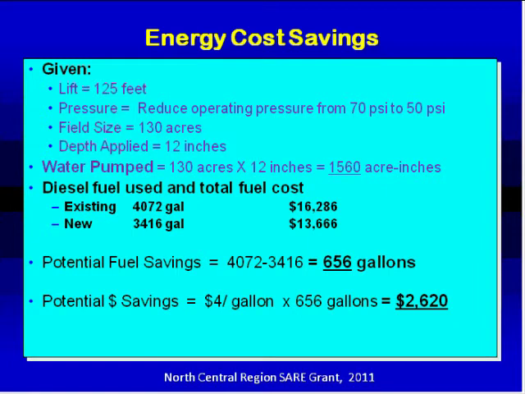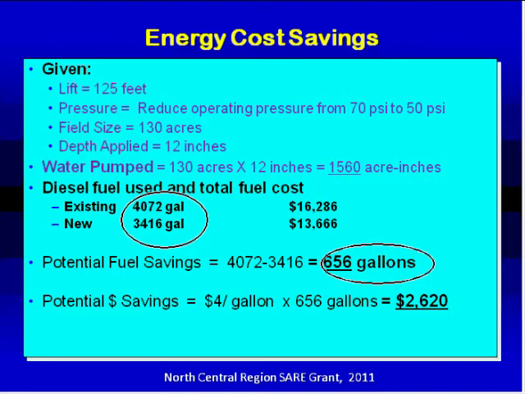Now, what we really want to know is how much energy we are saving and how many dollars we might be saving in this process. So, summarizing these values based upon the number of gallons of diesel fuel, I have shown here the existing 4,072, the new one at 3,416. If we subtract the new from the old, we can see that we're going to have about 656 gallons of diesel fuel savings per year.